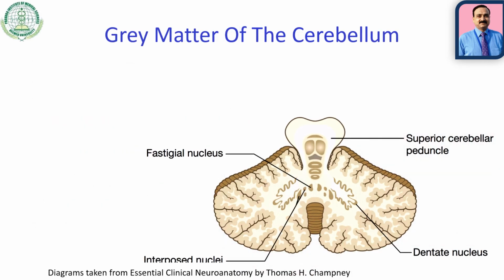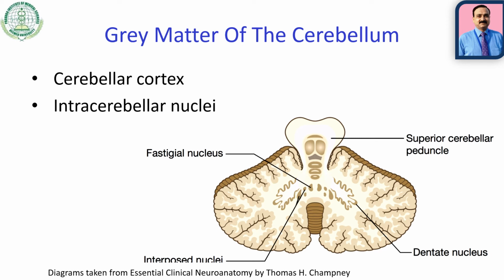The gray matter of the cerebellum contains the cerebellar cortex and intracerebellar nuclei. You can see in this diagram, this is the cerebellar cortex, which is gray matter, and then intracerebellar nuclei. Remaining light colored or uncolored portion is the white matter.